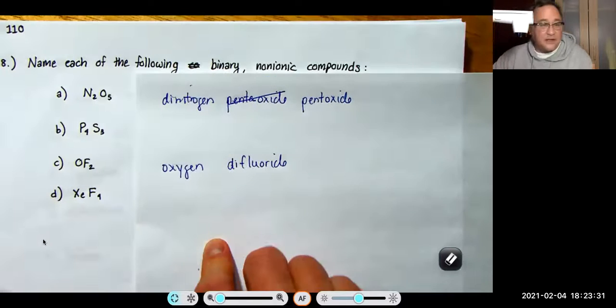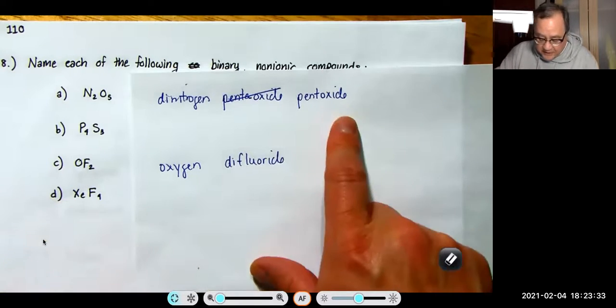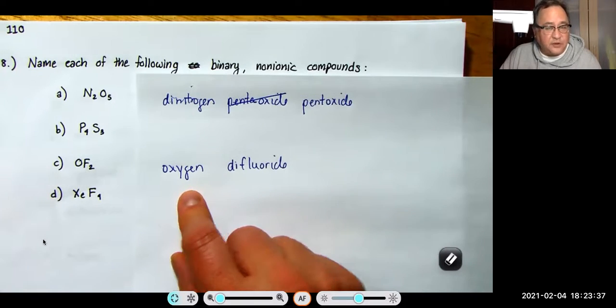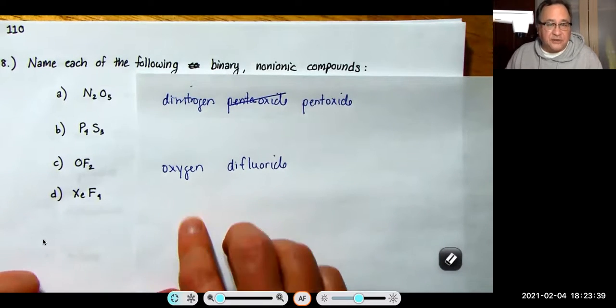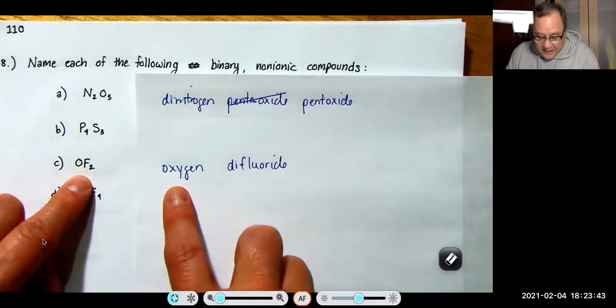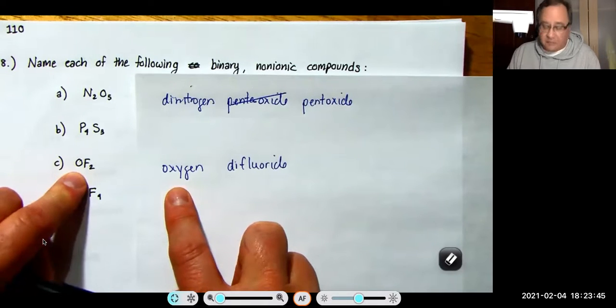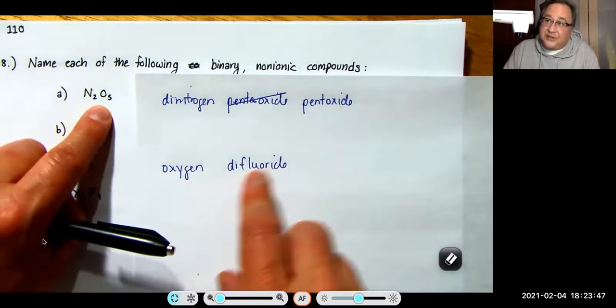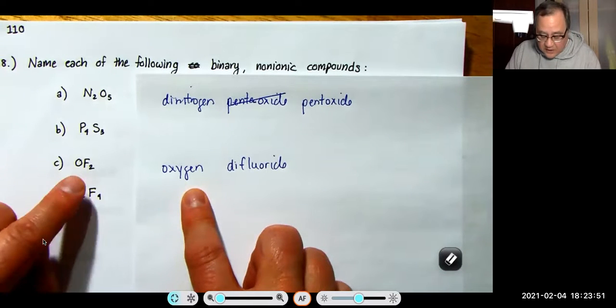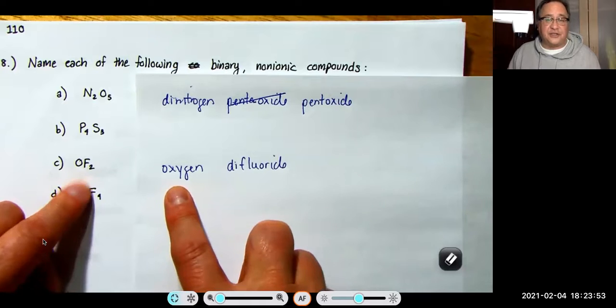So you see in one of these, you have an oxide, and the other one, you have an oxygen, simply because in the second one, the oxygen is written second, so it's oxide. And then in the third one, oxygen is first, so it's oxygen.